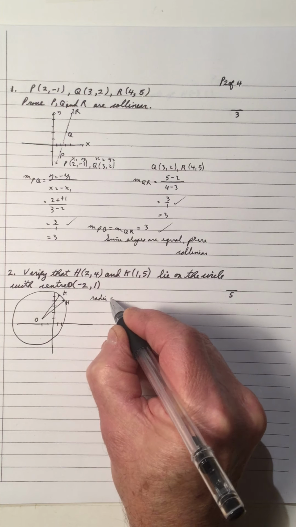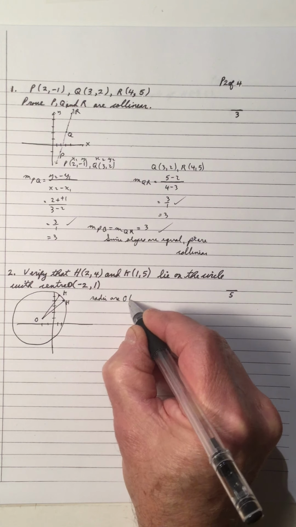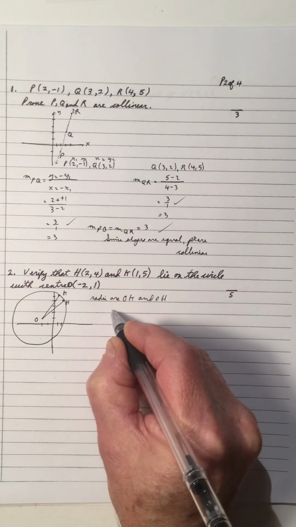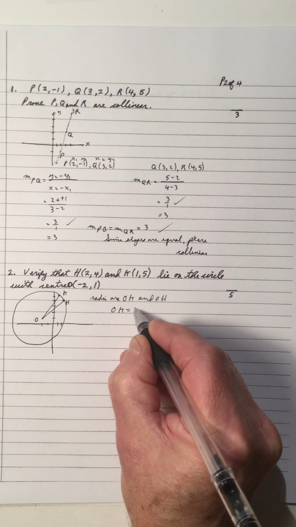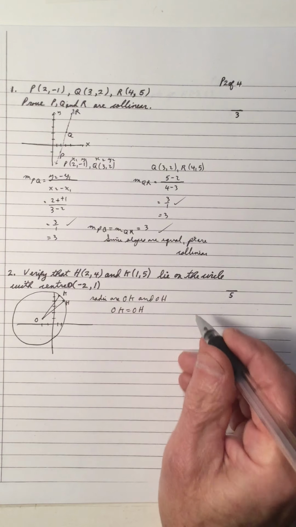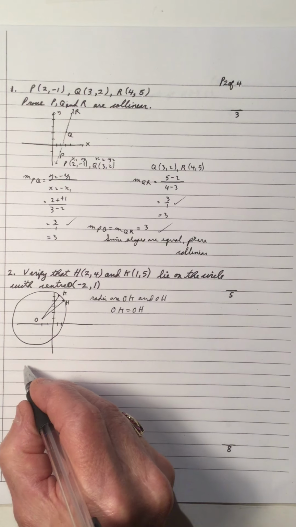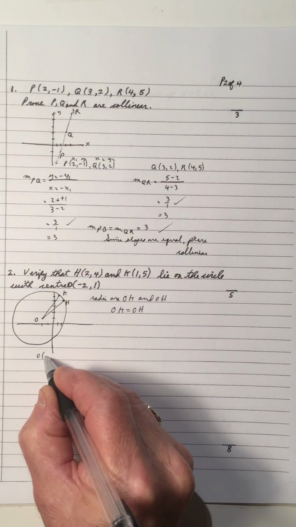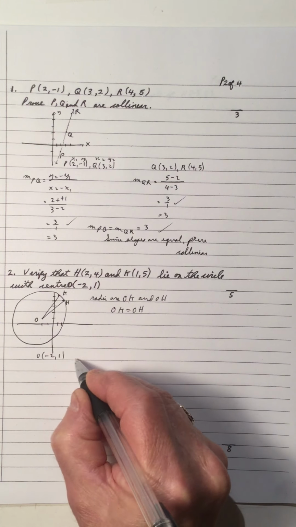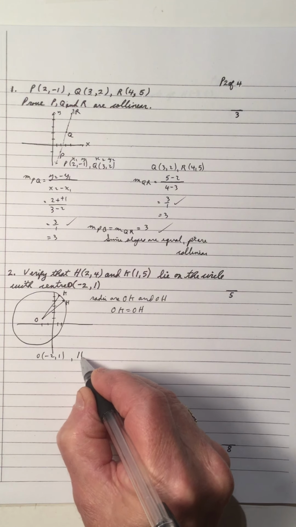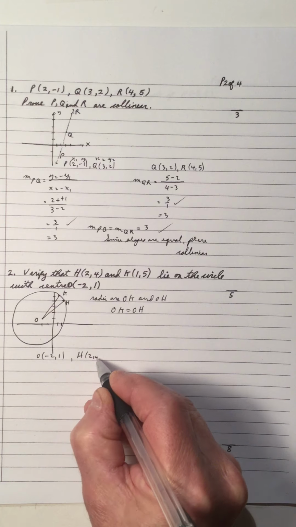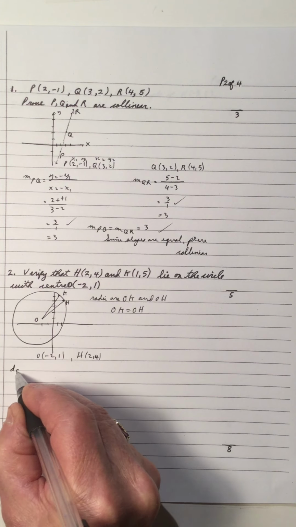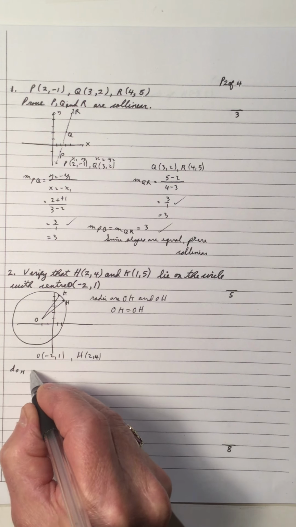That means OK is equal to OH because the radii of a circle are equal. So let's do O is (-2, 1), and we'll do H, which is (2, 4). Let's use the distance formula and get the length of OH, which is a radius.